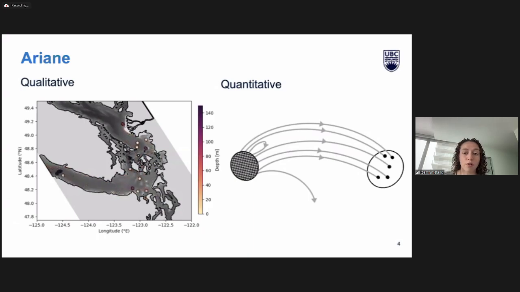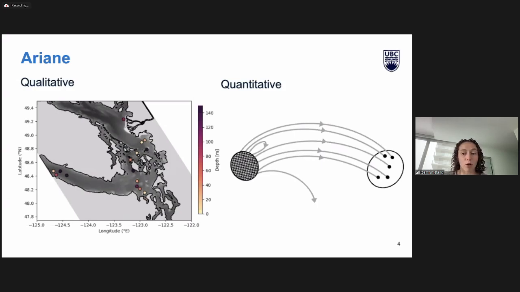So it's more useful for the purposes of my analysis to use quantitative Ariane, which rather than tracking the entire path for each particle, just tracks where the particles are starting and where they end up. In this picture, you can see that we have a starting boundary where you can release many, many particles all throughout the boundary. The information for each particle is tracked once it reaches another boundary, but we're not actually getting information about what's going on in between.